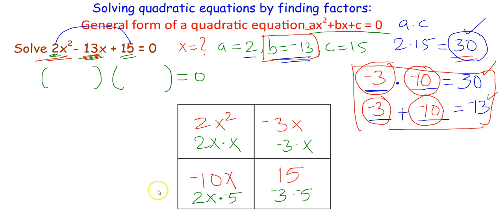Now, go for the common factors and separate them like this. Over here I am seeing x and x. X is the common factor between the first and second boxes, so that x is taken out. I am writing x outside.